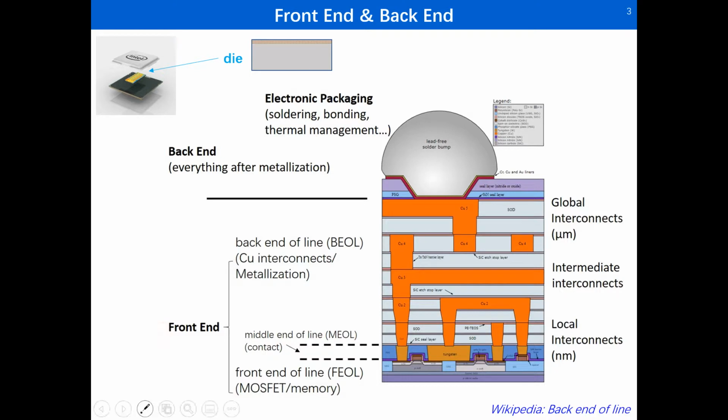All of this is called the front end of IC production. And the following step to connect the die to the world outside is called back end or electronic packaging. That includes soldering, bonding, thermal management, and so on.